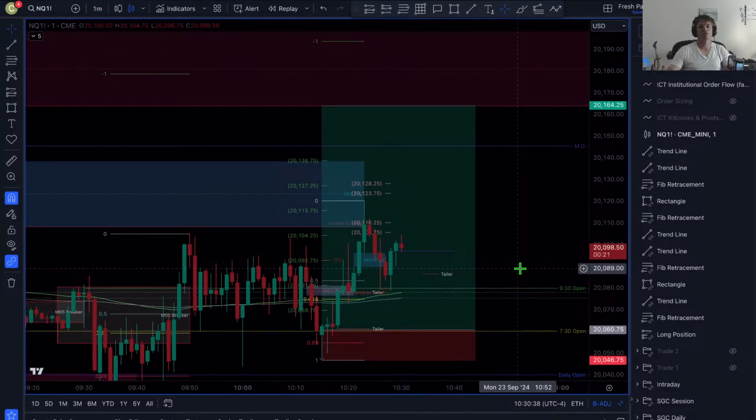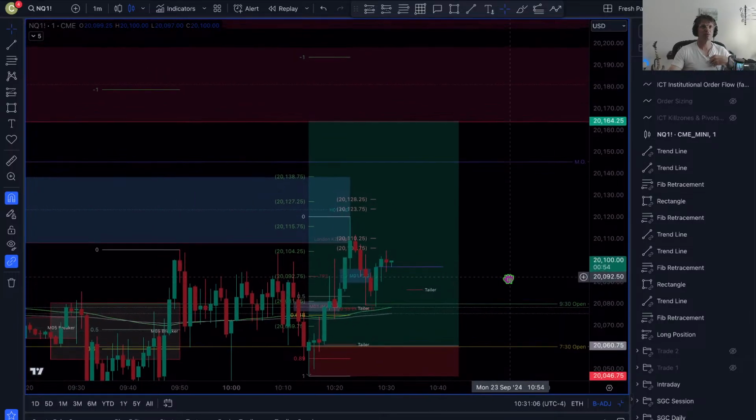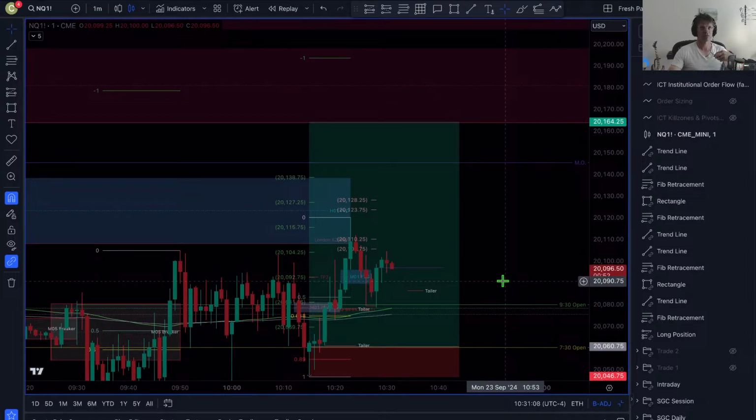See if it holds that volume imbalance. I still think you have the right fib. And it could be that we break up and then come back down. This is not very promising, given that it didn't really charge off that volume imbalance.